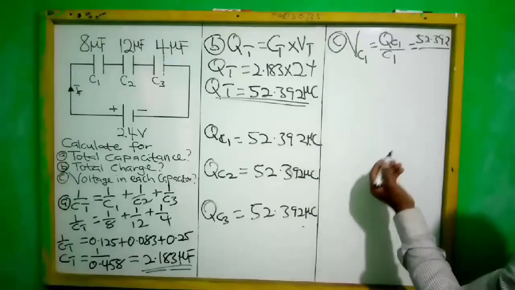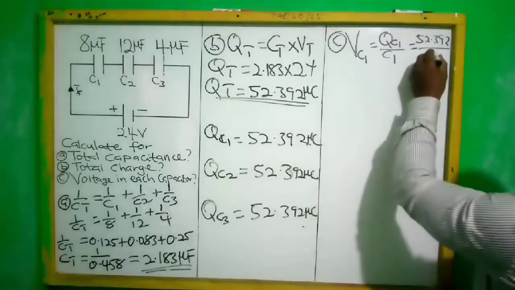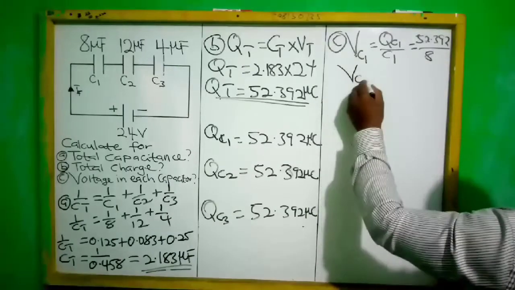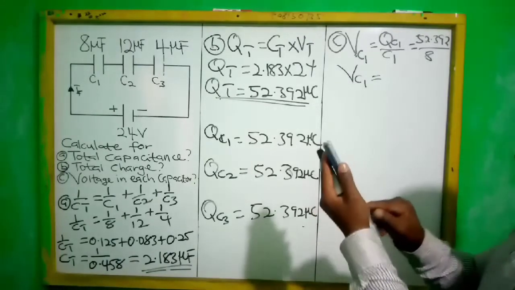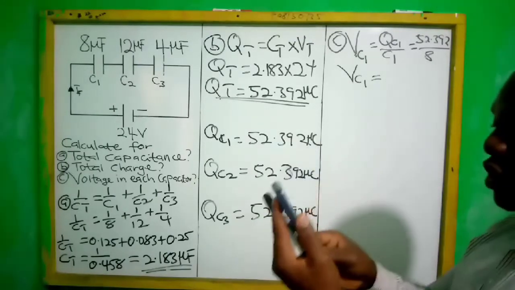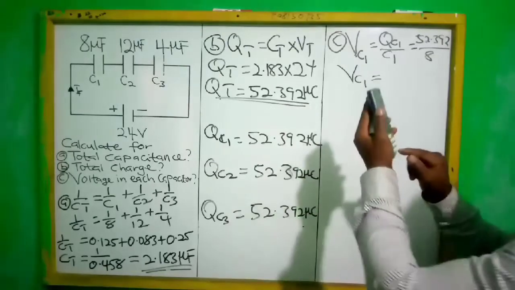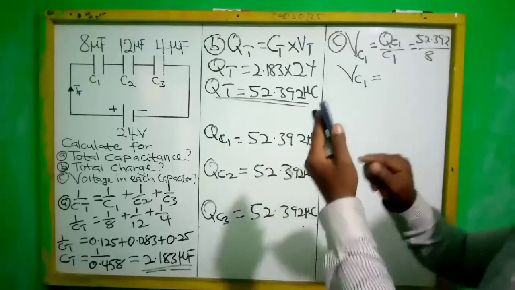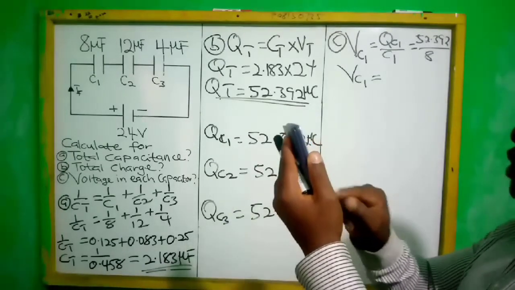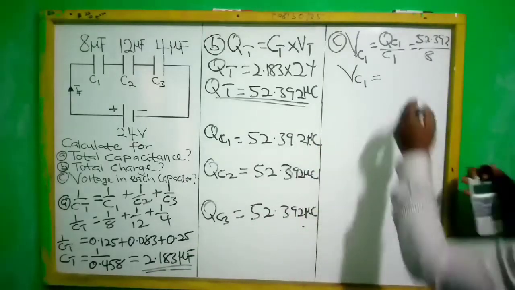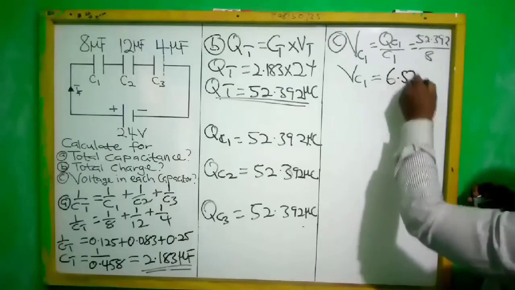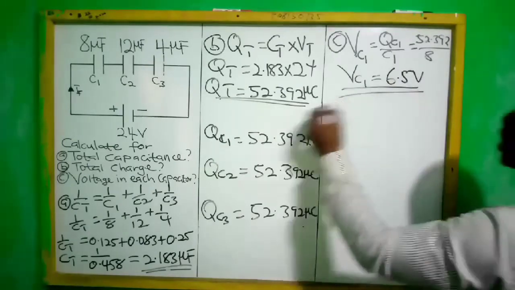C1 is 8. You can also use your calculator: 52.392 divided by 8 gives us 6.5 volts. So this is the voltage in C1.